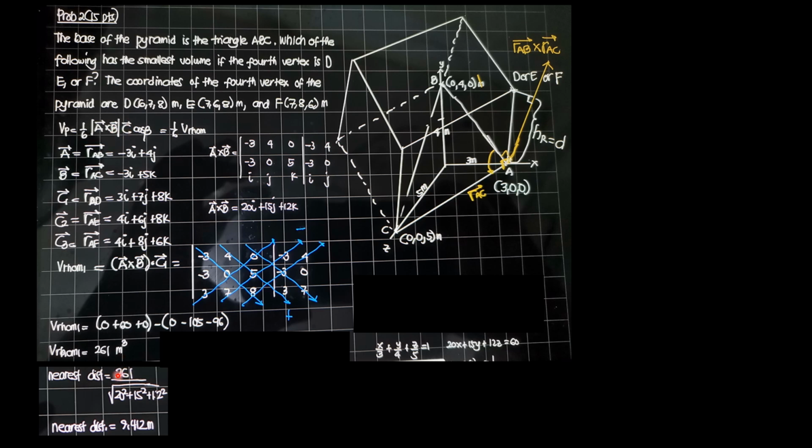Therefore, we divide this 261 because it is A cross B dot C, magnitude of A cross B times magnitude of C cosine of beta.